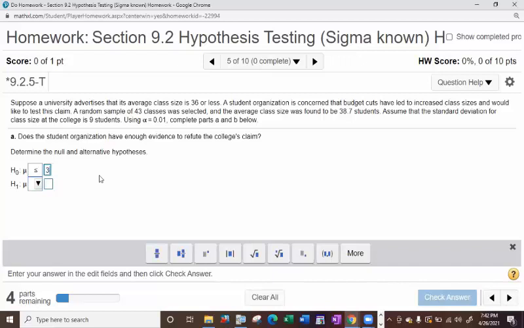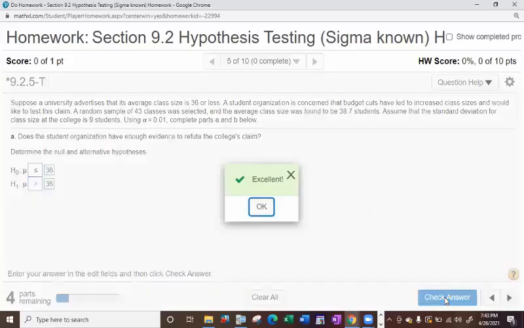And then the other one automatically has to be the one that pairs up with it, greater than. Ta-da! So 36 or less is not the same as less than 36.